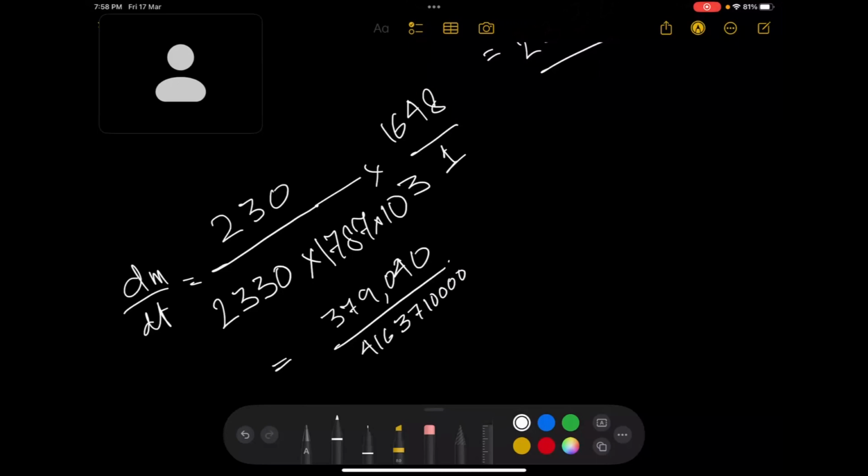So when you divide 379040 by 41637, that is almost equal to 9.1 into 10 to the power minus 5. So this is your rate of pull out, that is in kg per second. Fine. So this is your final answer. Hope everybody got this. If not, please ask your doubts.